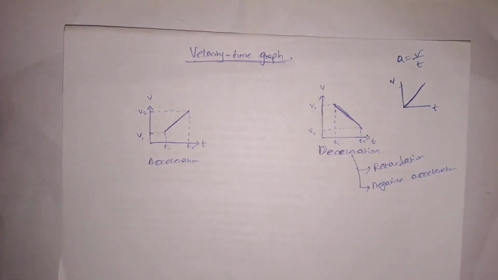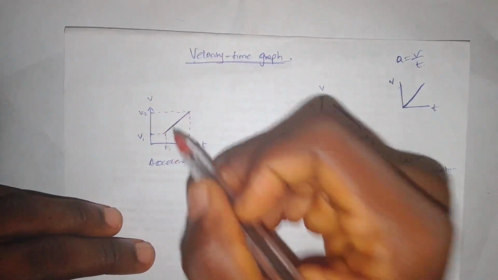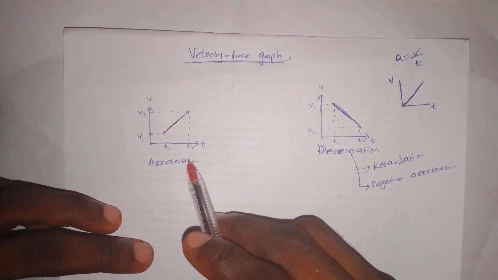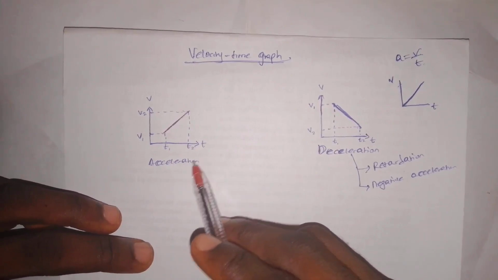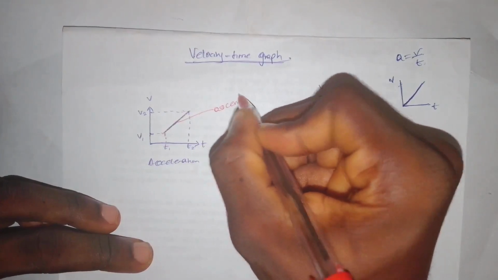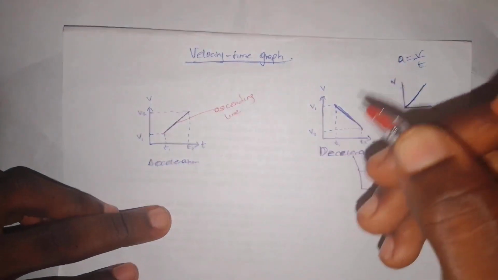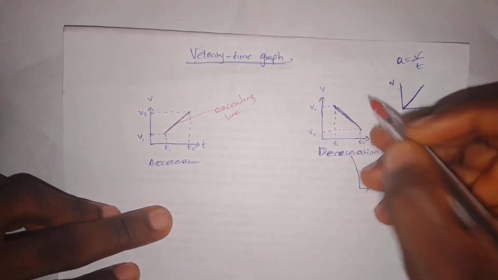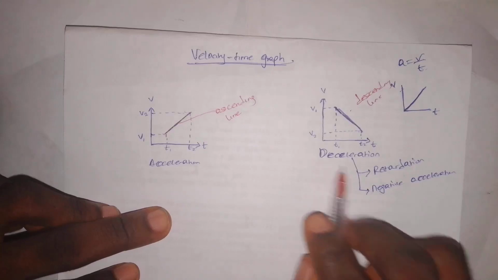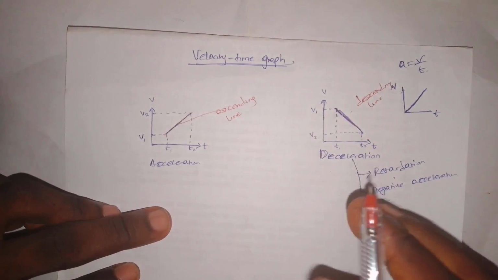Take note that an ascending line signifies acceleration, that the body is accelerating, is moving very fast. While a descending line shows retardation or deceleration, that the body is slowing down.